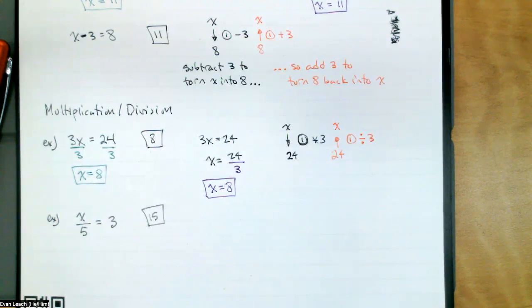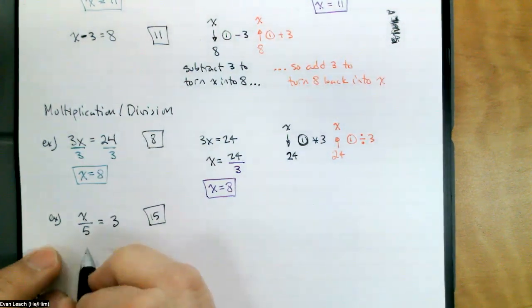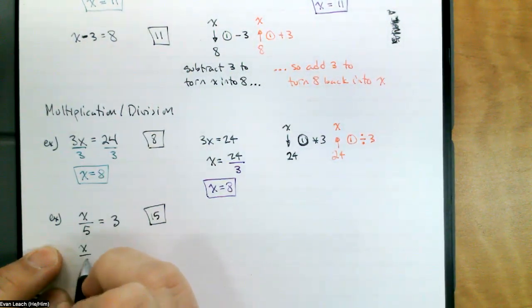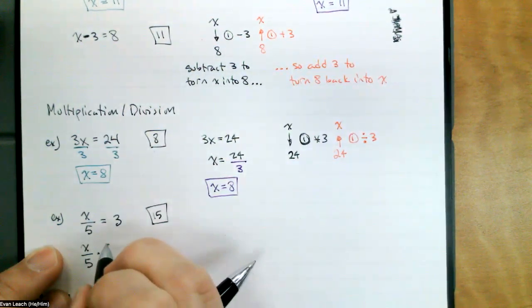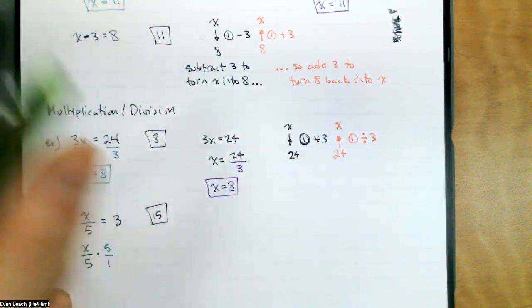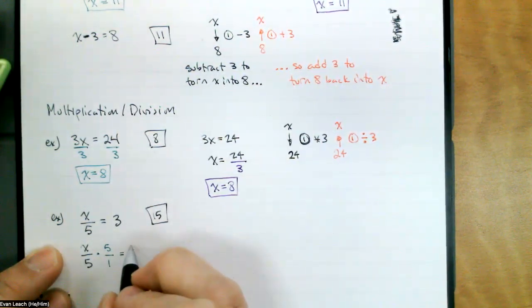What do we do to both sides of the equation? Multiply by 5. So some of you will be taking the x over 5 and you will multiply by 5. Some of you will multiply by 5 over 1. That's okay too.